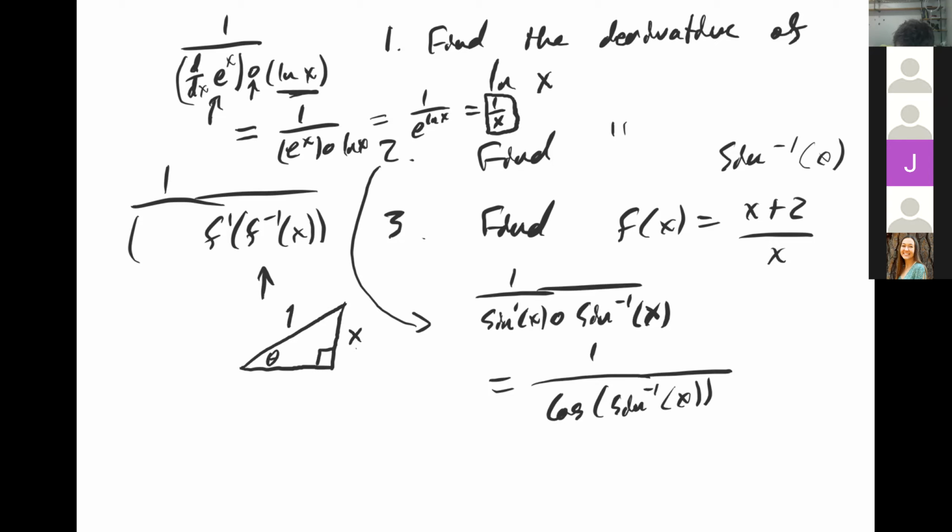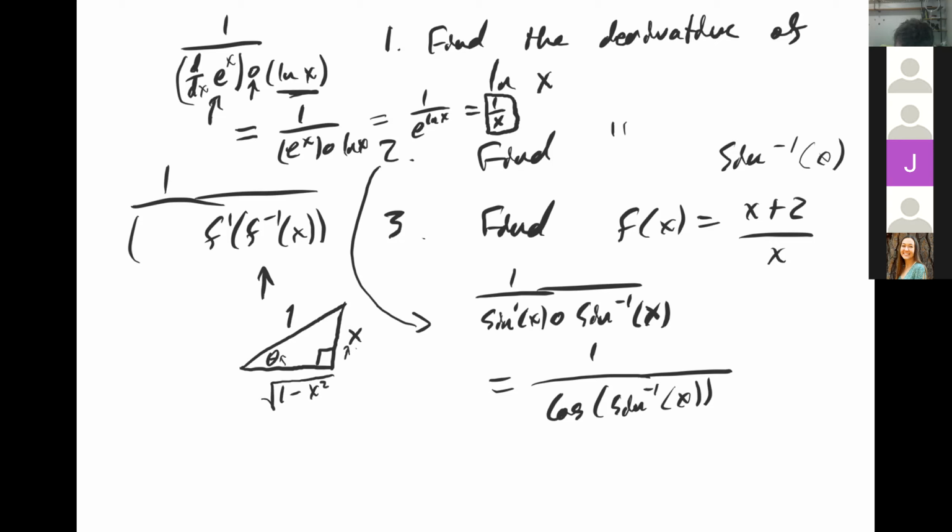And then we can fill in this side using the fact that a squared plus b squared is c squared. And this just gives you the square root of 1 minus x squared for the third side. Okay? And so what does this tell you? This tells you that if you have a triangle where sine of theta is x, then these are the sides. This is the ratio of the sides.